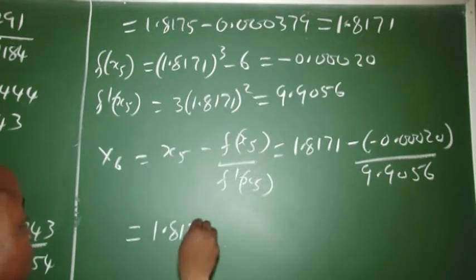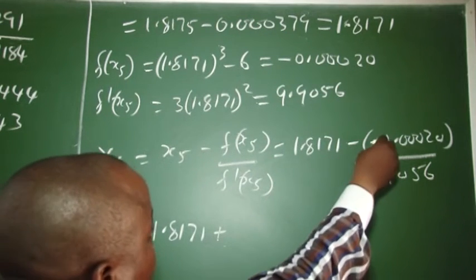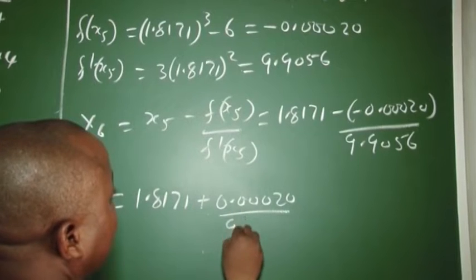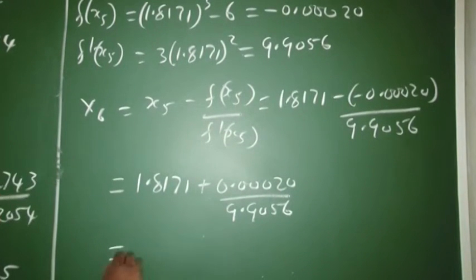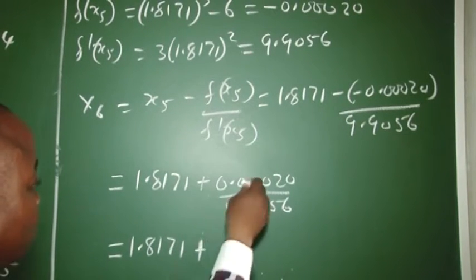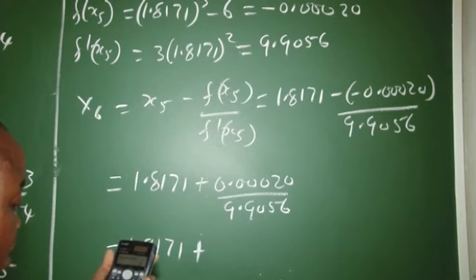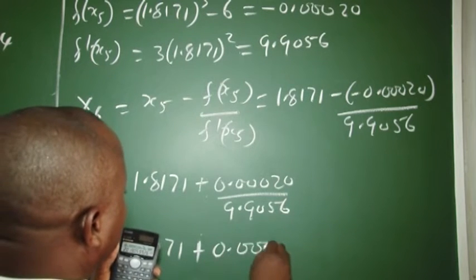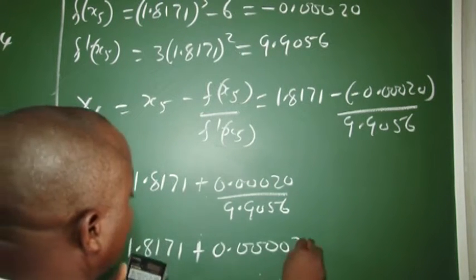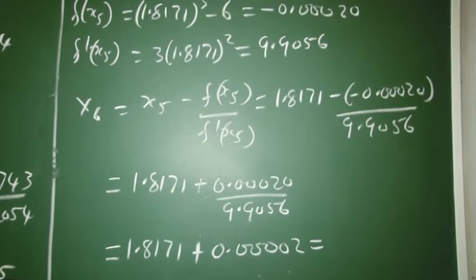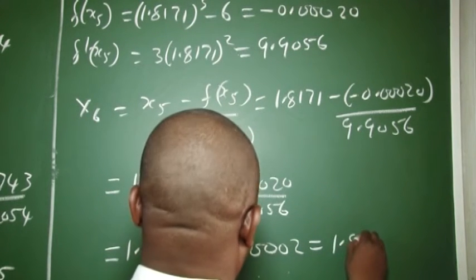So that is plus 0.00020 divided by 9.9056, which gives 0.00002. Adding that to 1.8171 still gives us 1.8171.